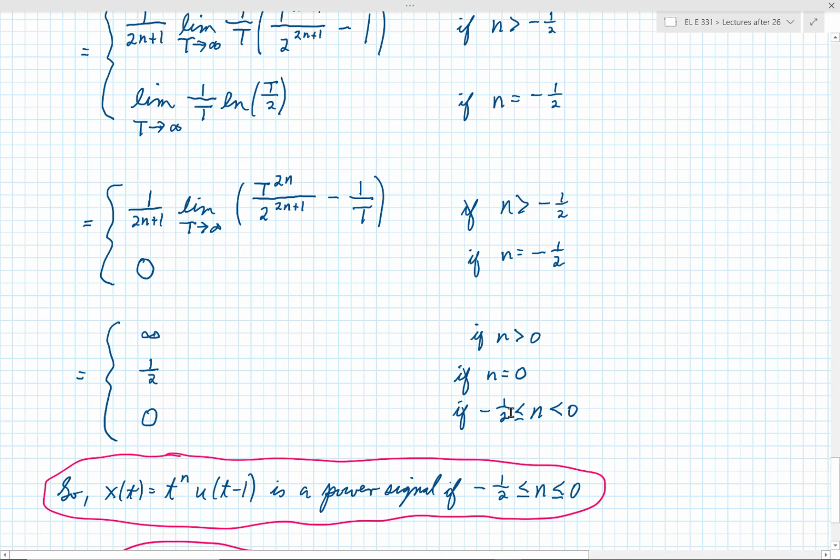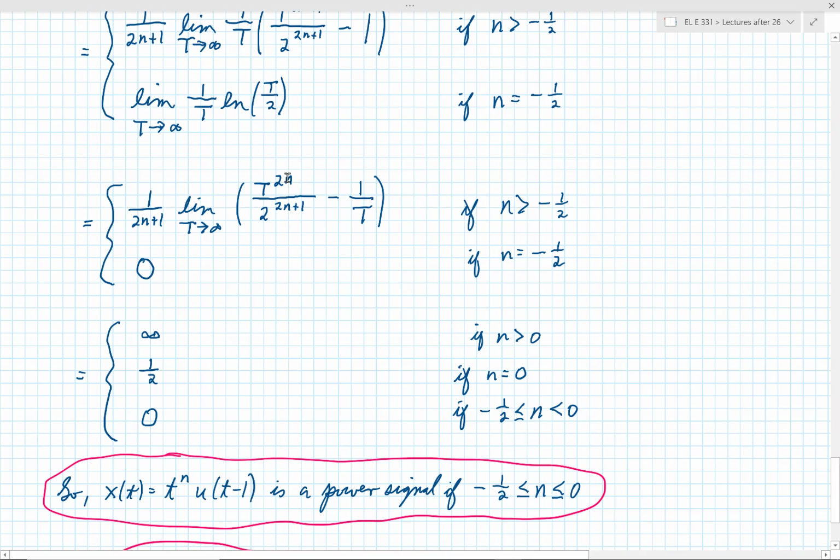And remember, we know that n is greater than or equal to negative 1/2. We're not considering anything other than that, because we've already taken care of that above. So there's only one more case to consider here. We've considered n greater than 0 right here, and here we considered n less than 0. So the only other case to consider is if n is equal to 0.